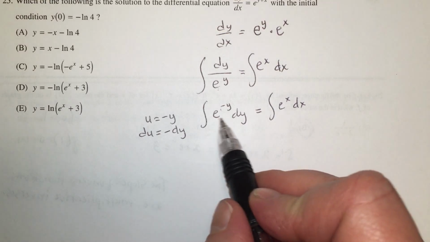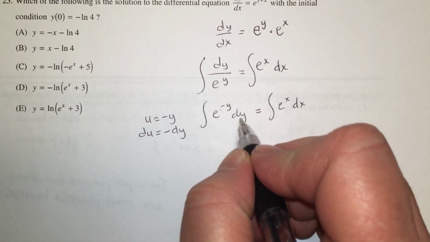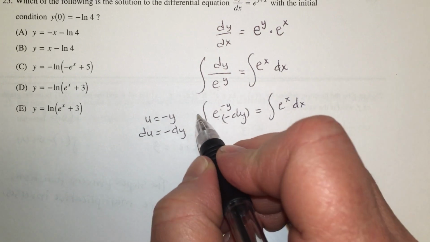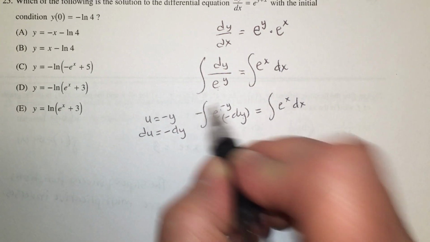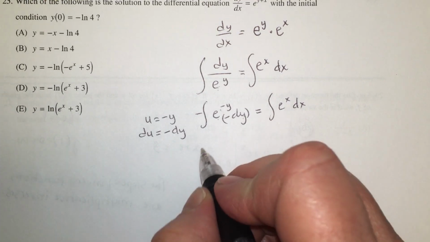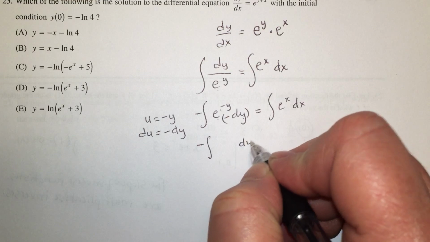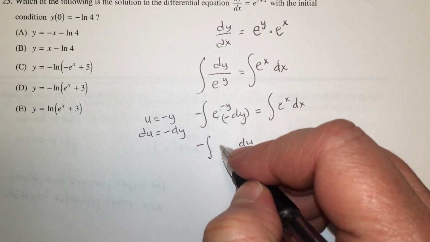So we're missing a negative here. We need a negative with our dy, so we're going to put a negative there, but it's multiplied, not subtracted. And to compensate for putting that negative, we put a negative out front. So that gives us negative, and then negative dy is du, and we have e to the u right here.